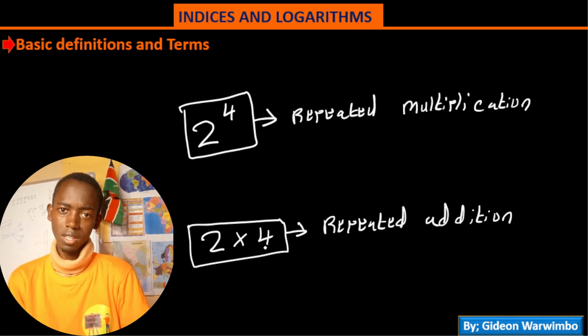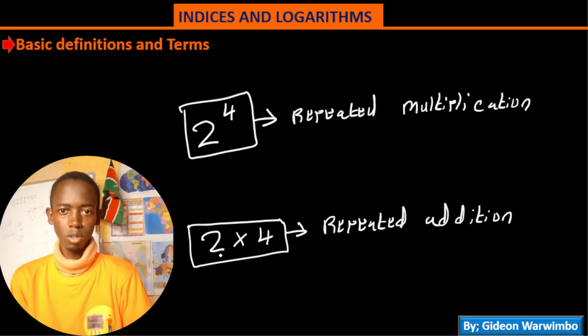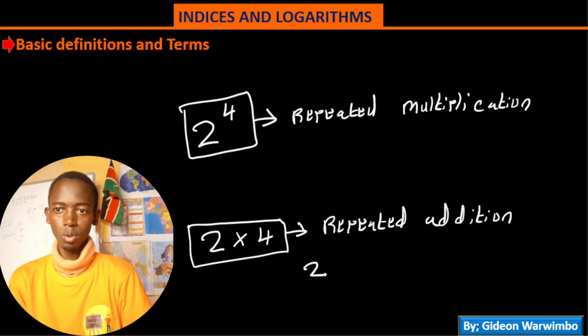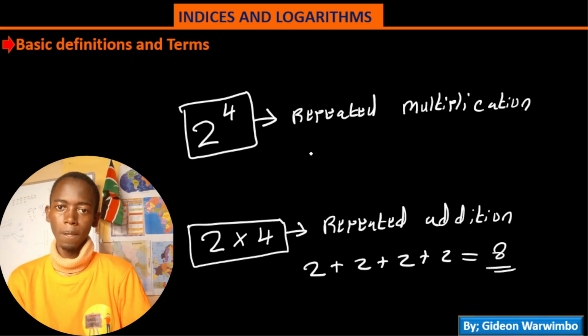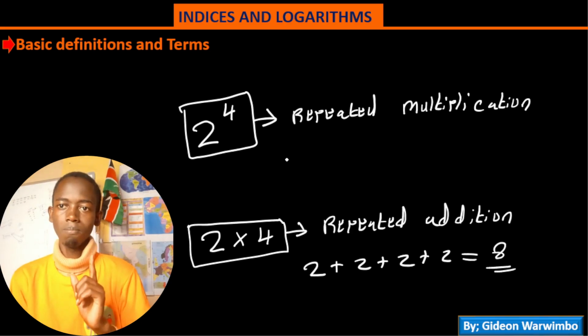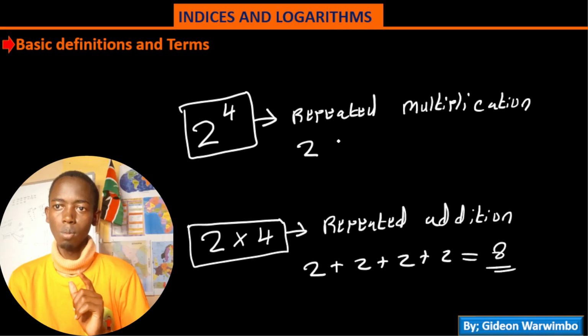Such a case would converge to something like 2 plus 2 plus 2 plus 2, and that would give you an 8. But for this one, it would converge to 2 multiplied by 2 multiplied by 2 multiplied by 2.